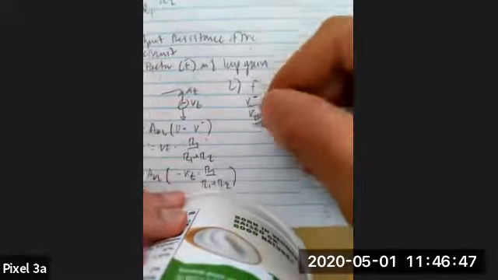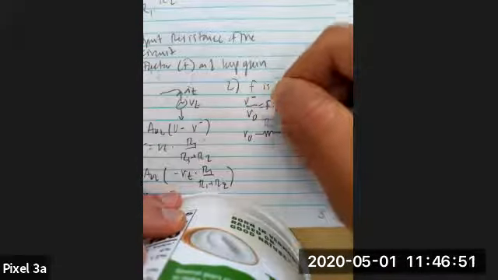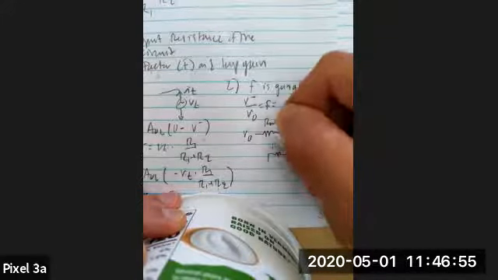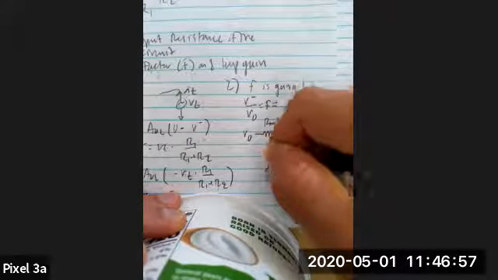So let's draw this one out. We have V out, then R out, then R2, then R1, and this is V minus. So then it's R1 over R1 plus R2 plus R out.